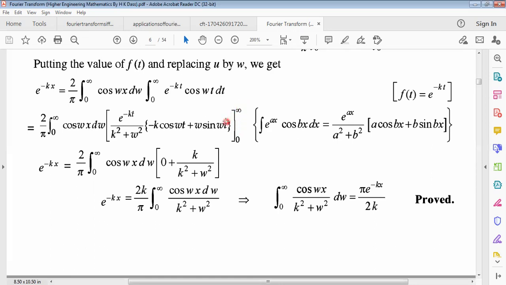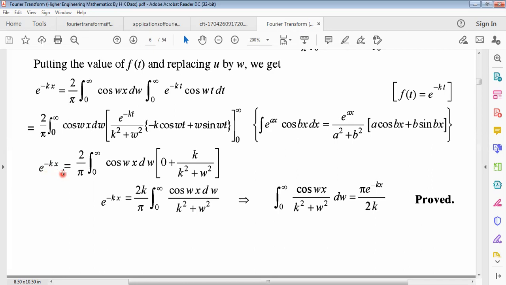Putting t equals the upper limit infinity, we get 0 as in the previous result. Now putting the lower limit t equals 0 in the whole term, cos 0 equals 1, and this will be minus k. Minus minus will be plus k divided by k square plus w square. The sine term will be 0 because sin 0 equals 0. So we get just this one.